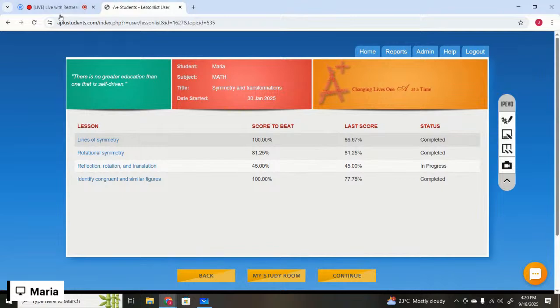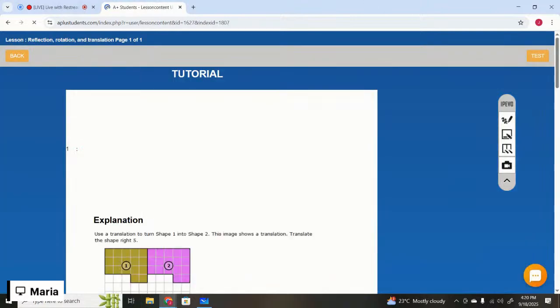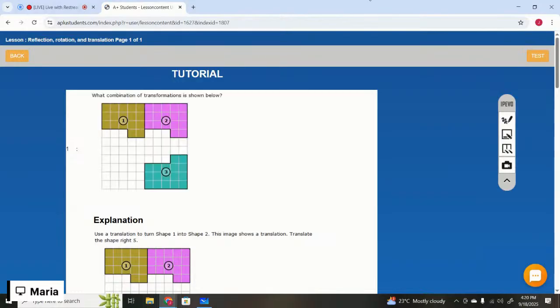Reflection, rotation, and translation. Let's just start with the next lesson. What combination of transformations is shown below?